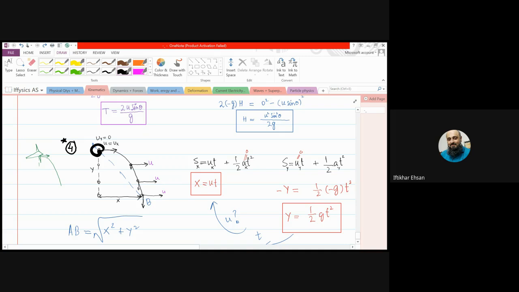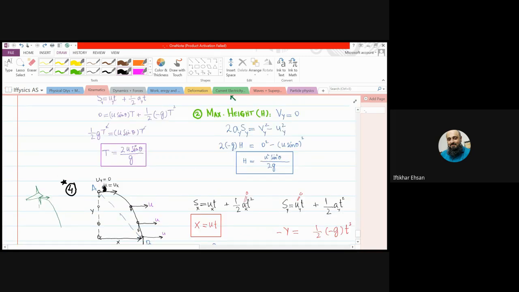So when the object is thrown from its point of projection to the point of landing, it has moved this much horizontally and this much vertically. The horizontal distance is said to be x and the vertical distance is said to be y.